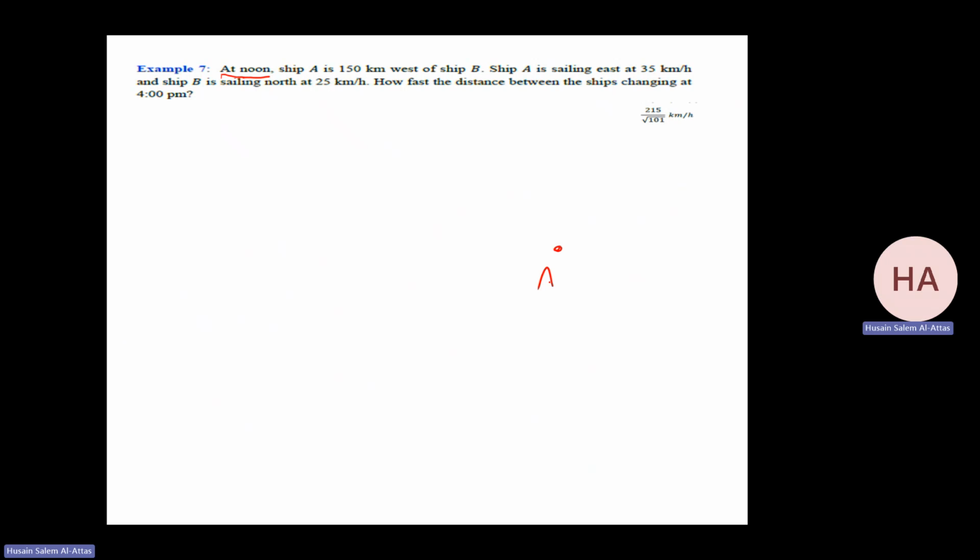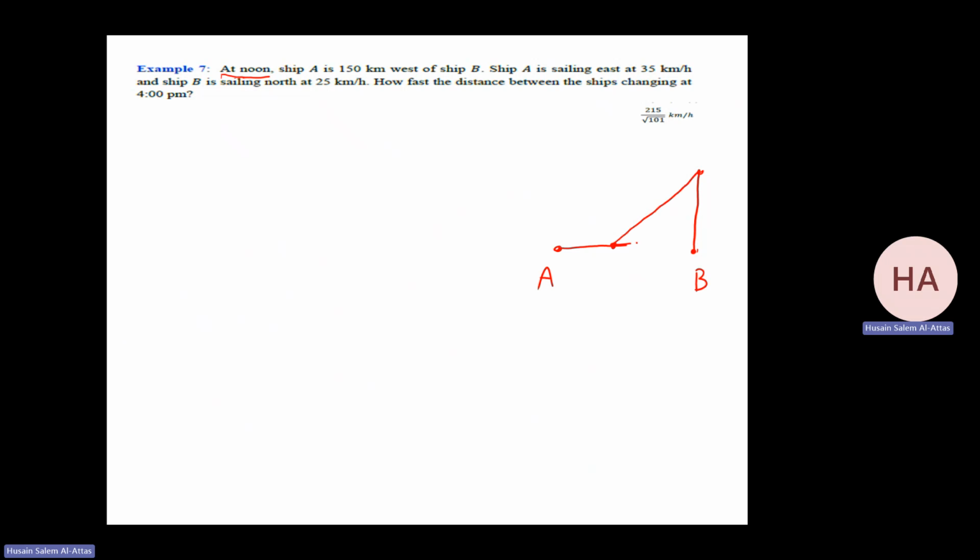This is A. It is west of another ship B. Ship A is sailing east, going in this direction. And B is sailing north, so it's going in this direction. So what will happen at some time? This ship will reach this, and that will reach this.